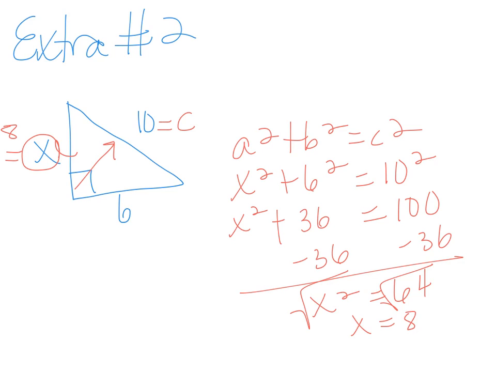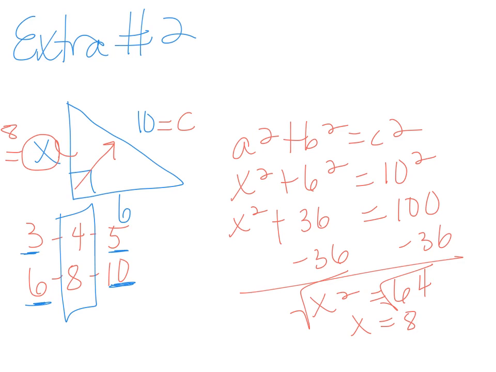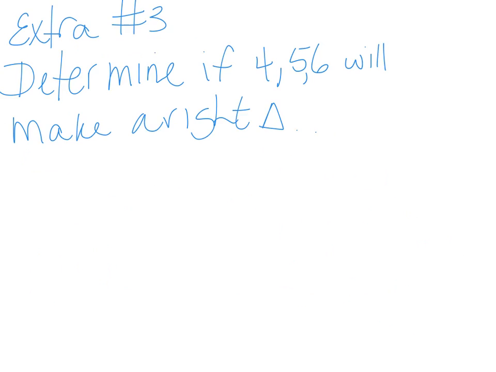But once again, if you remember your Pythagorean triple, the 6, 8, 10 one, which was a variation of the 3, 4, 5, just multiplied by 2, we had 10, which was our 5, and then we had 6, which was our 3, and so this was our section that we needed. So that missing side is 8.